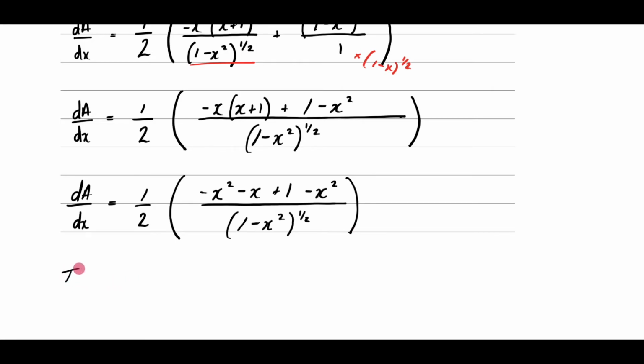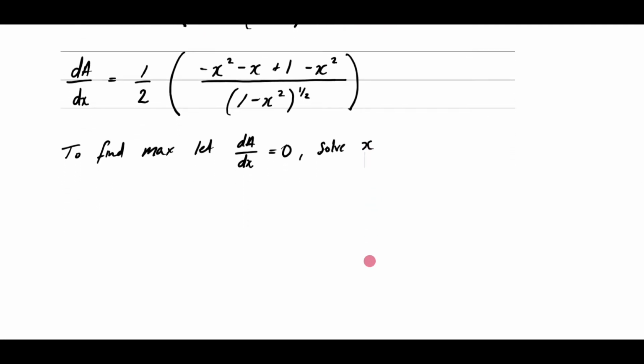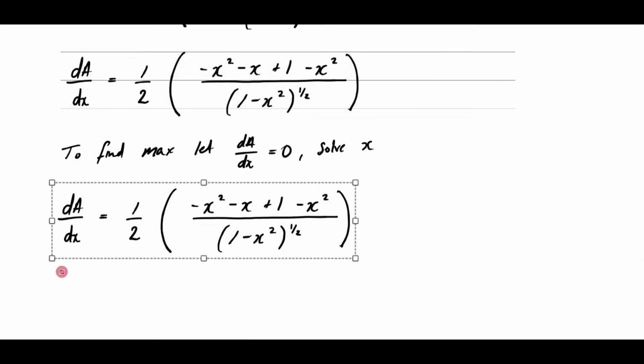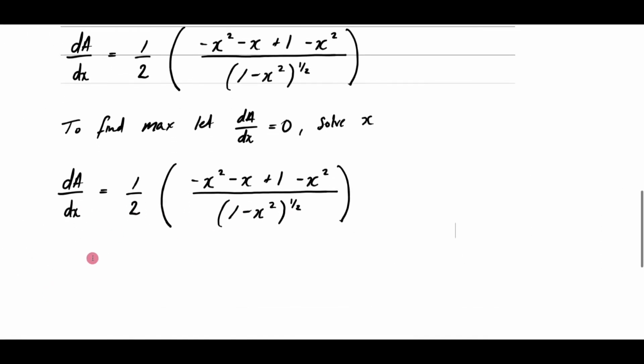Now, to find my max, what we're going to do is let dA/dx be equal to 0, and then solve for x. All right, so let's now do that, and I'm going to use the power of technology to make my life easier. I'm setting dA/dx equal to 0. Whoa, my computer just freaked out there for a second. So I'm setting this equal to 0, so I rub that out, and I make that 0.